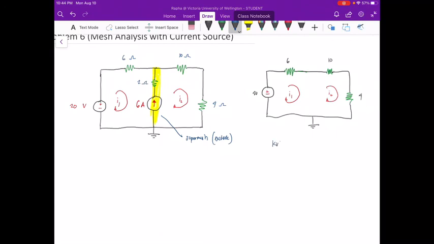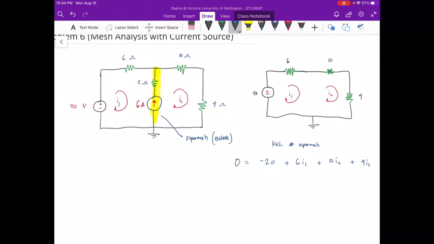So KVL at super mesh, we have negative 20 plus 6I1 plus 10I2 plus 4I2, and that is all equal to 0.